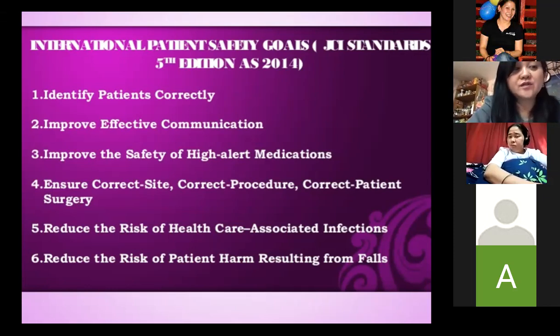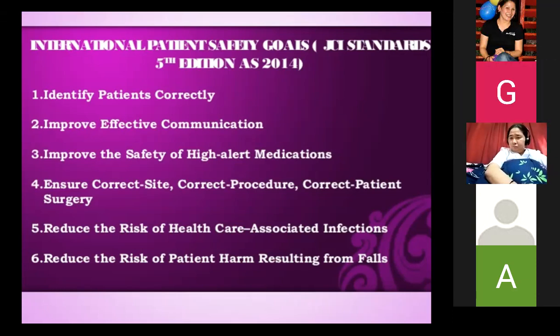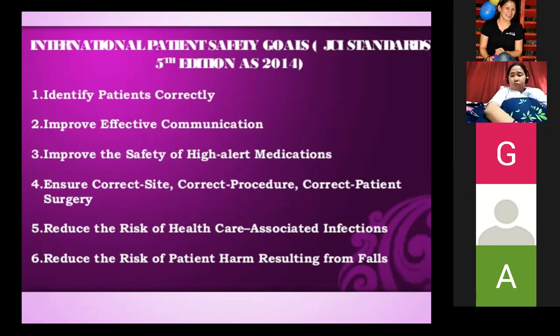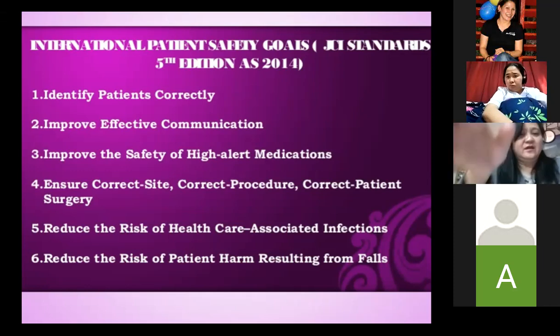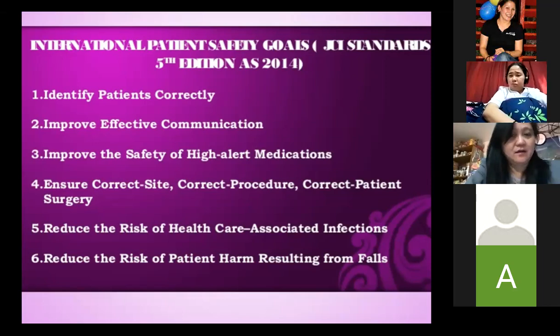Also, to ensure the correct site, correct procedure, correct patient in surgery, you have to check for the identification, and be sure that you check the files also. You check for the orders.